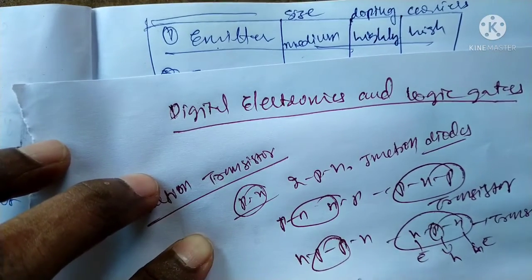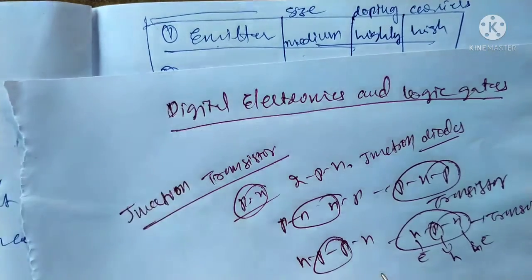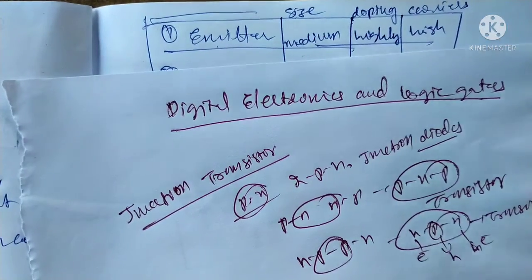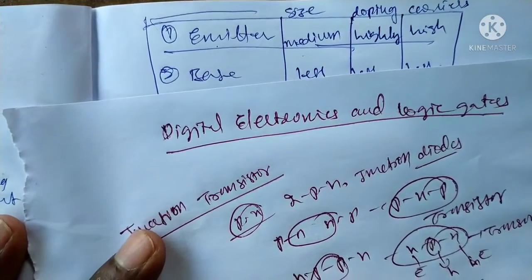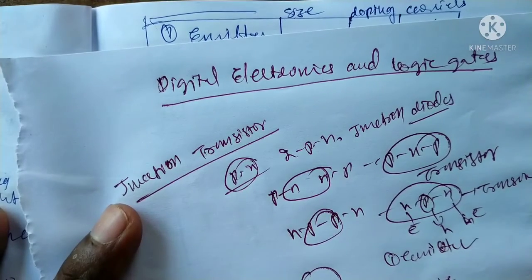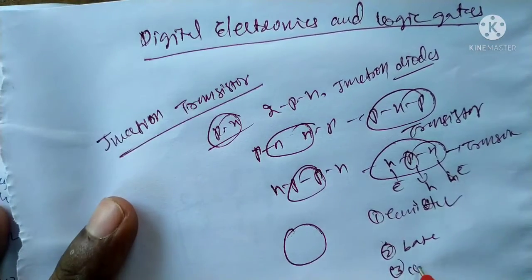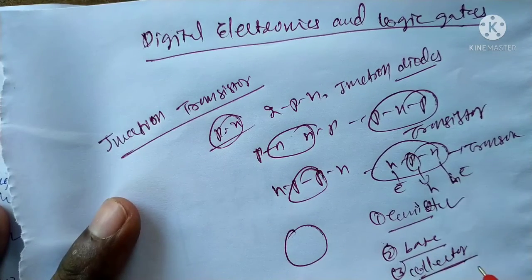Okay, you know the symbol of the PNP transistor? Any transistor has three terminals: one is the emitter, the second is the base, and the third is the collector. So there are three segments in the transistor.